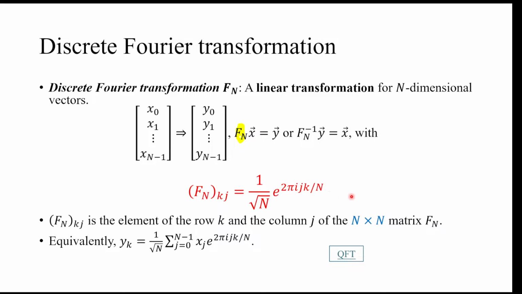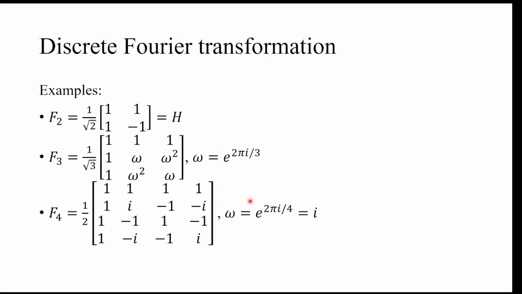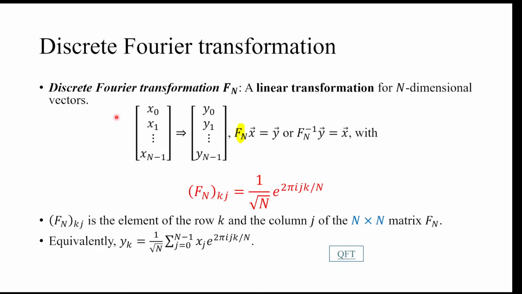I guess it's easier to see an example first. What does this matrix look like for different n? For F2 you have a very familiar matrix.